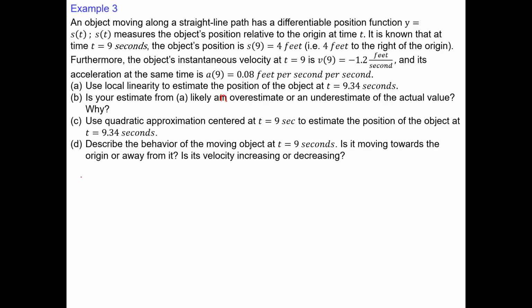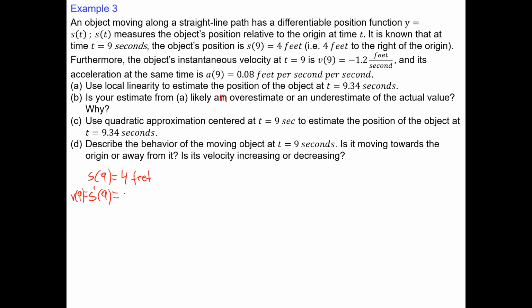Part A. Actually, let's see what we know. S of t. That's what we know. S of 9 is 4 feet. A derivative, which is actually the velocity, but derivative is nice to say.